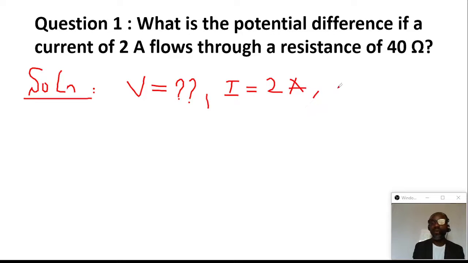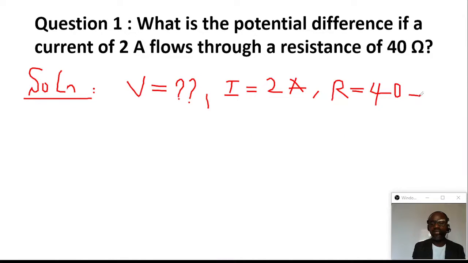Another one is through a resistance. There is something opposing the flow of current in this circuit. That's what the question is trying to say. We pick out that information. R, resistance R, is given as 40 ohms.